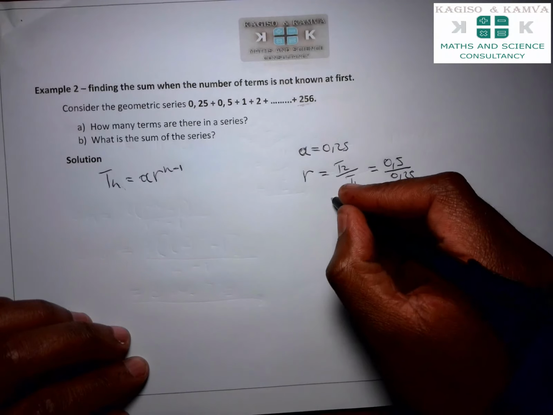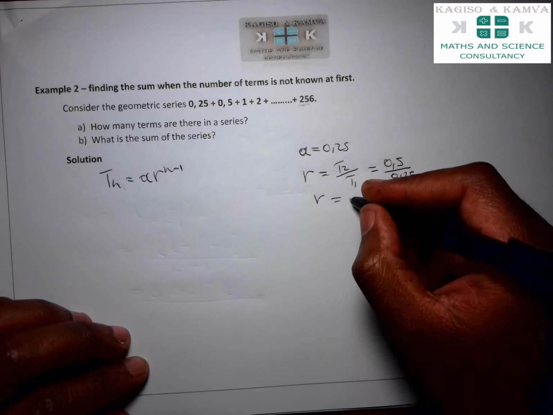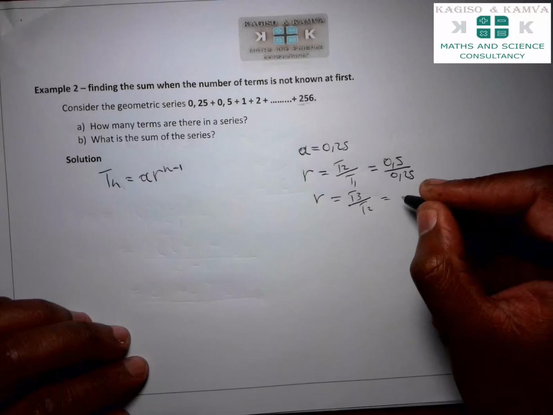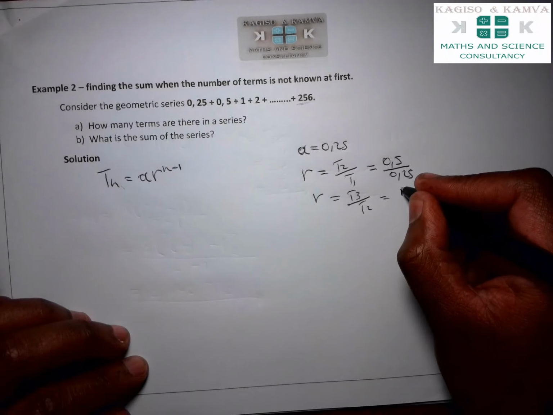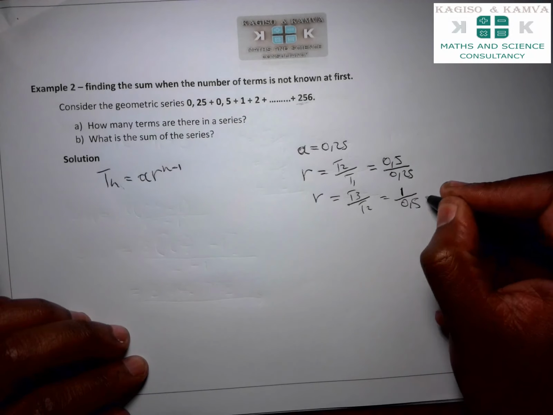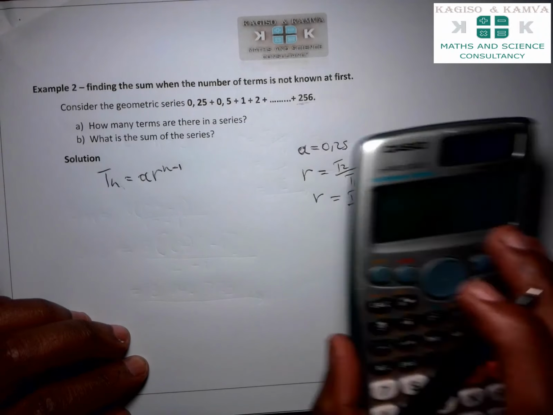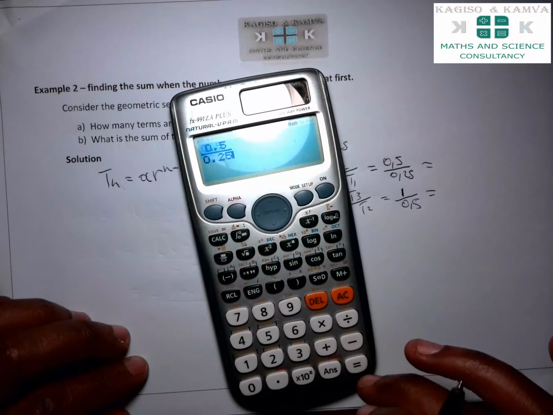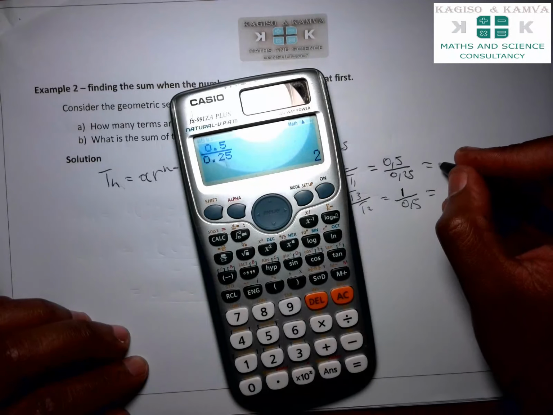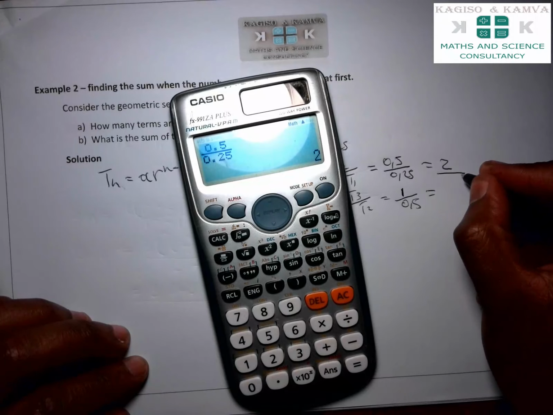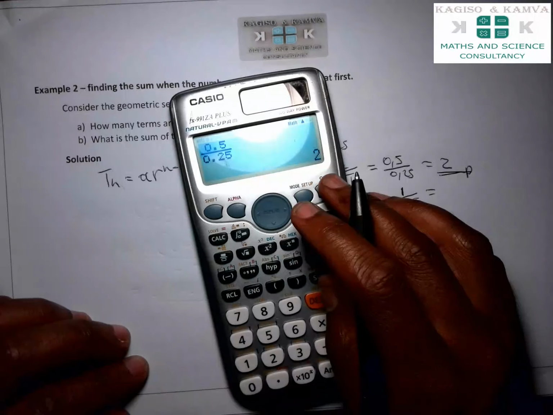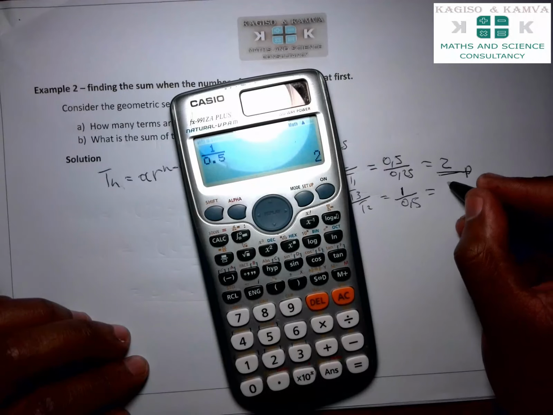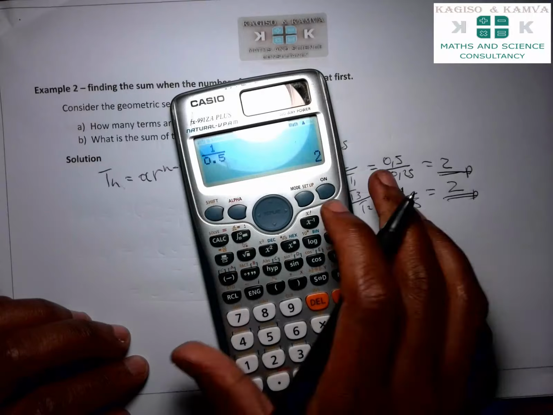And we need to confirm the constant ratio, T3 over T2, which is going to be equal to 1 over 0,5. So 0,5 divided by 0,25, the answer here is 2. Here I'm going to have 1 over 0,5, the answer is 2. Now we have a constant ratio.